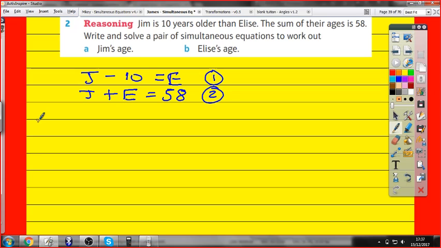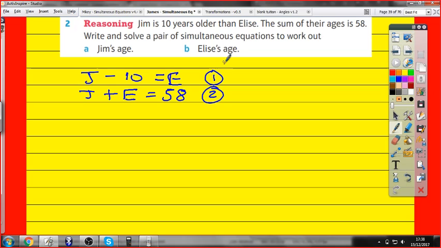Well, 58 equals E plus J. Could you just do 58 take away 10, or would there be something to do with that? Or divided by 10? Well, we can see in equation 1, E equals J minus 10. How could we use that?